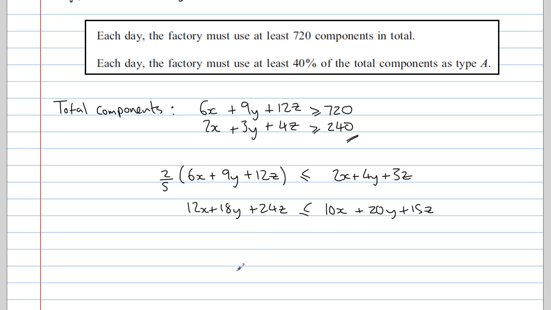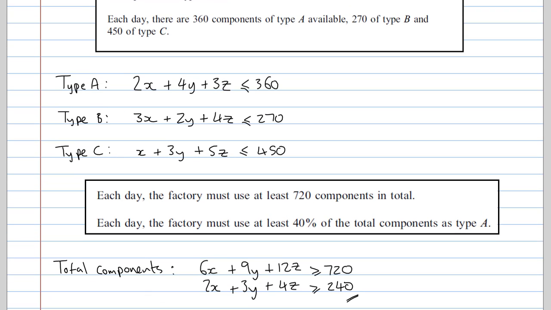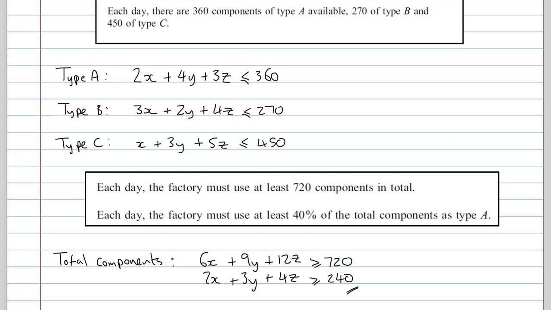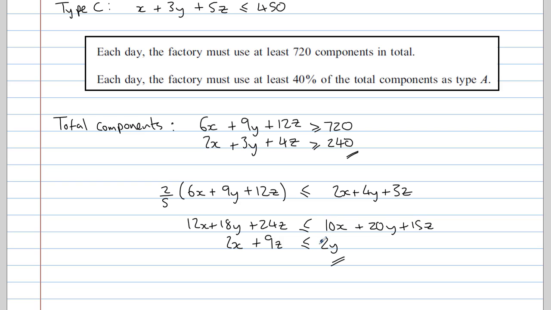So I'm going to bring the x's over to this side to keep them positive. That's going to give me 2x on this side. I'm also going to bring the z's over to this side. That's going to give me plus 9z. And I'm going to subtract the 18y from both sides to get that that's less than or equal to 2y. So my 5 inequalities are 1, 2, 3, 4, 5.